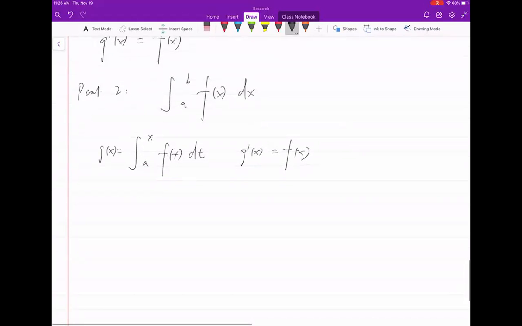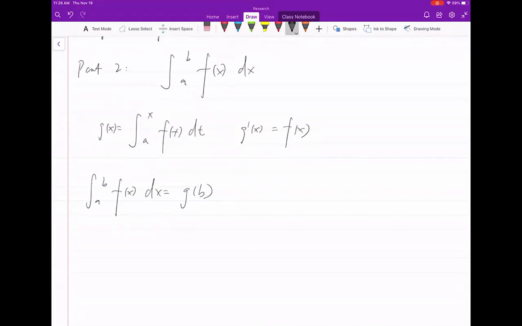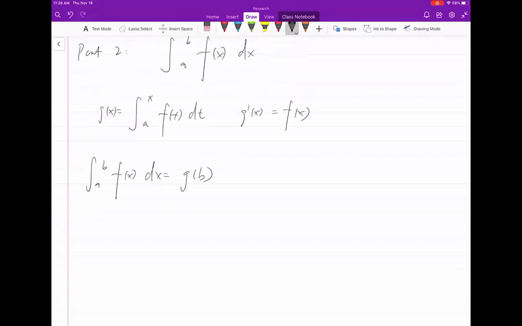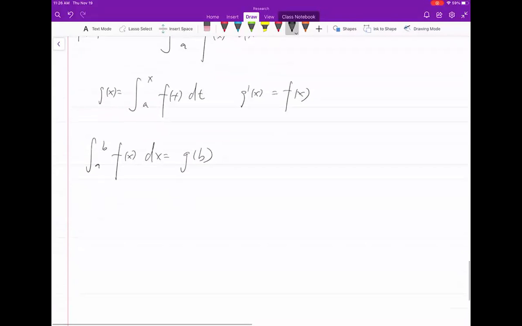All right, so what do you do? You just plug in g(b). But if you want to plug in b in g, you need to know g first, right? What is g? You don't know g, but you know g'. If you know g', can you find g? Antiderivative. That's how I do it. So it's settled.